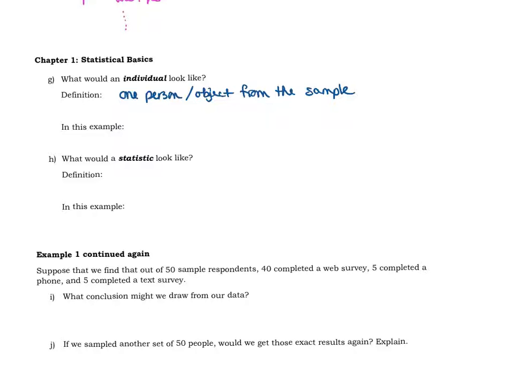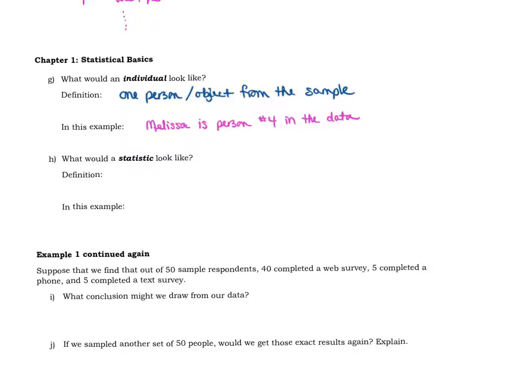So in this example that we just did, an individual might be Melissa. I'm going to say Melissa is person number 4 in the data. She's an individual, one of the people. If we're looking at a bunch of cornfields, it would be one particular cornfield.